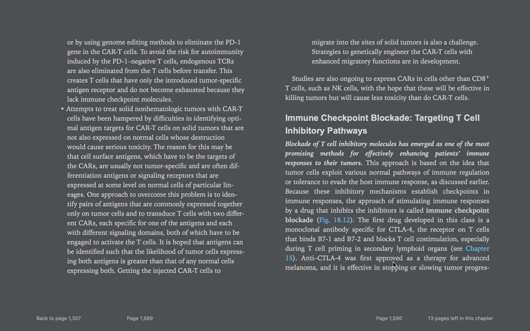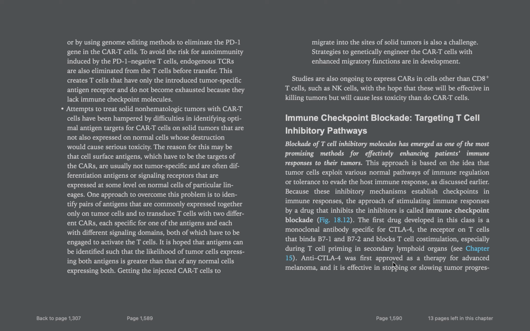To avoid the risk of autoimmunity induced by PD-1 negative T cells, endogenous T cell receptors are also eliminated from a T cell before transfer. This creates T cells that have only the introduced tumor-specific antigen receptor and do not become exhausted because they lack immune checkpoint molecules.